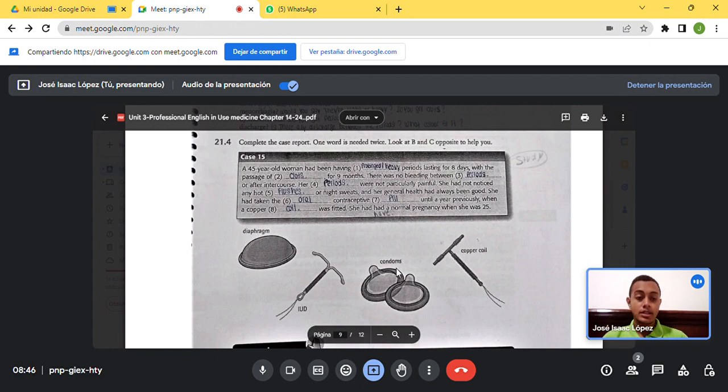At what age do you think females should be prescribed contraceptive? After 25 can be used, because it is more complicated if you use that before that age.